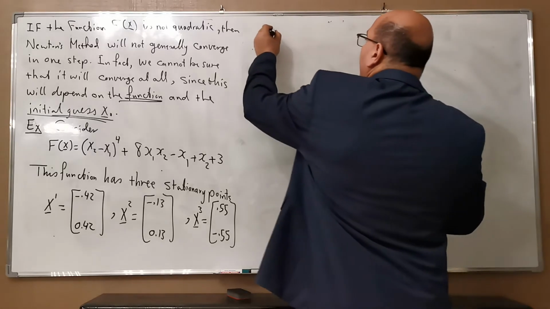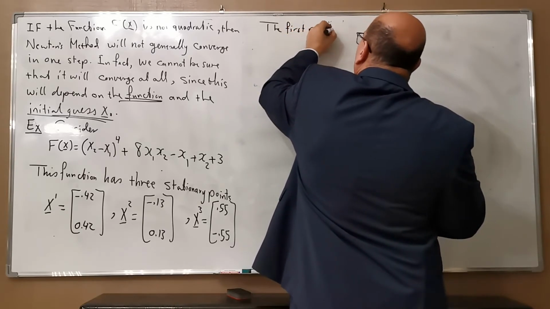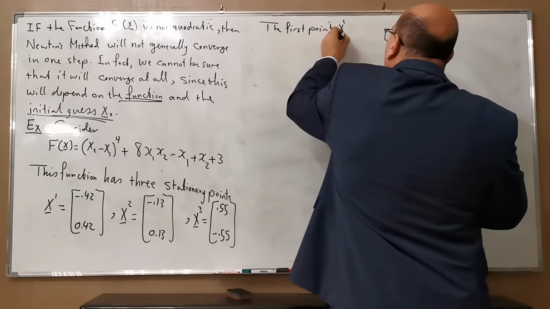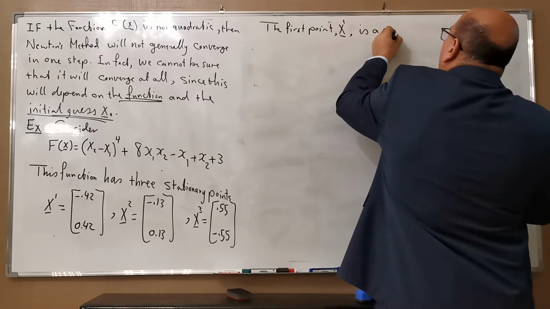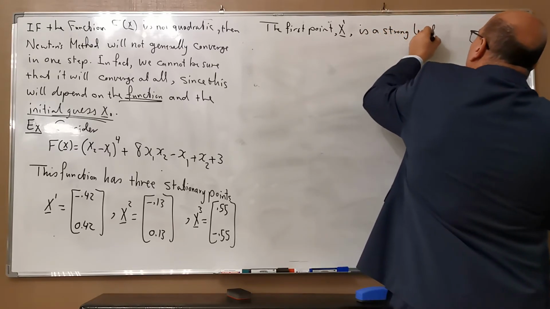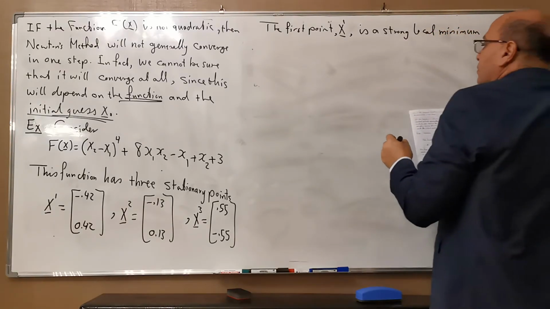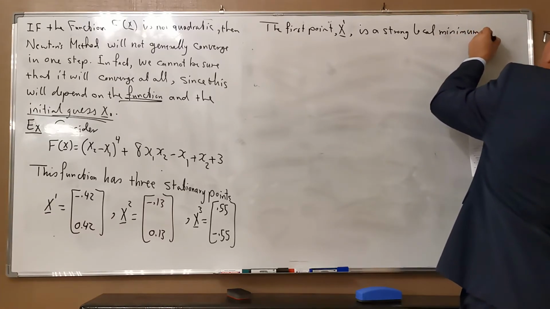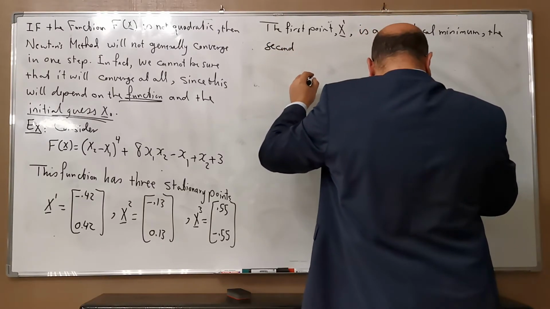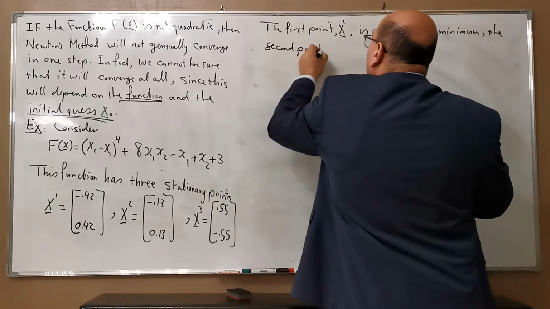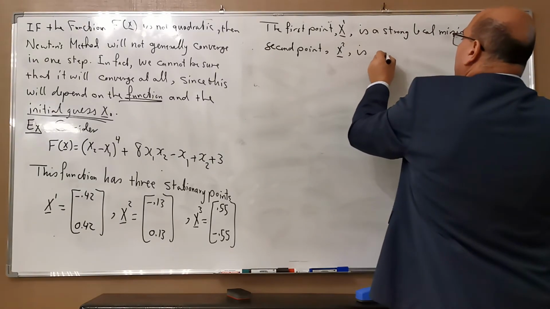The first point x1 is a strong local minimum. The second point, x2, is a saddle point.